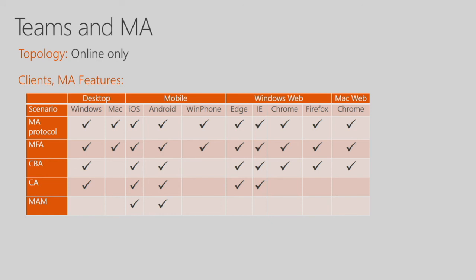And here's the features and clients that get supported. Here's the matrix, okay? And that's all I have to say about that. And oh, and Teams, by the way, the only type of authentication it does is modern authentication. It doesn't do the legacy auth stuff, okay? So you don't have to think about that at all.